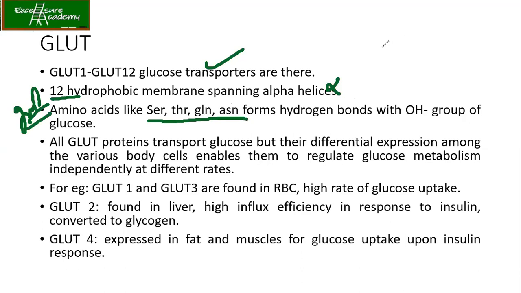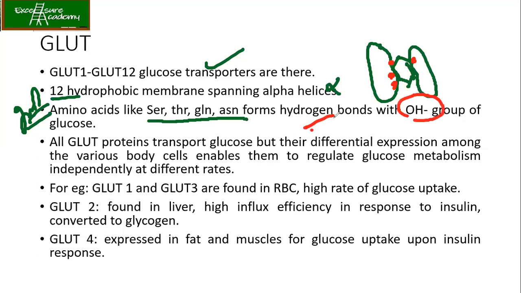What does it mean? If you see the previous structure, when we were discussing the glucose transporter, your glucose comes and binds. Here you have all these amino acids: serine, threonine, asparagine, and glutamine. These amino acids help in interacting with the OH group of the glucose, so they form hydrogen bonds.